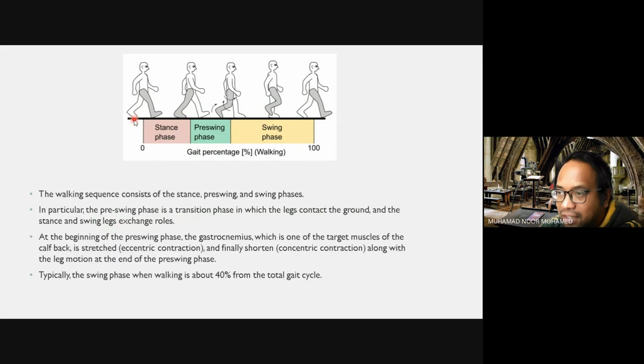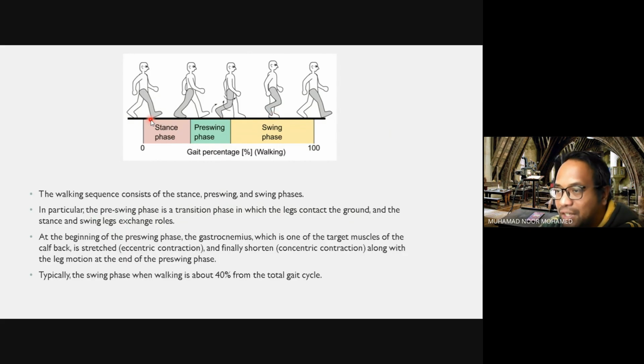Maksudnya dekat sini, antara stance dengan pre-swing phase to the left leg, that is swing phase. Dia tak jejak. Sampai sini, kita akan ada stance phase untuk kaki kiri, untuk kaki kanan, pre-swing. So when the kaki kanan goes pre-swing, goes swing phase, kaki kiri is in the process of pushback.